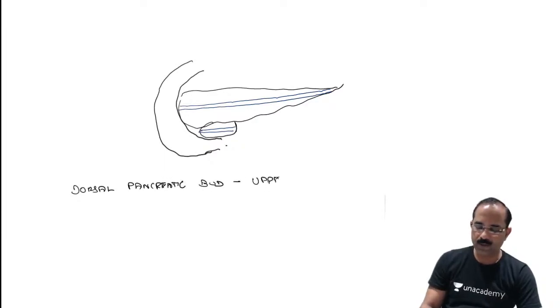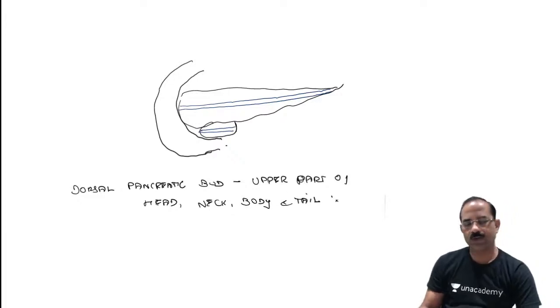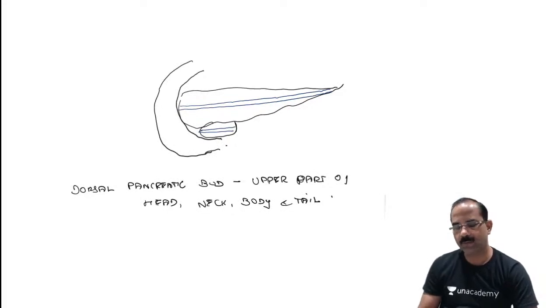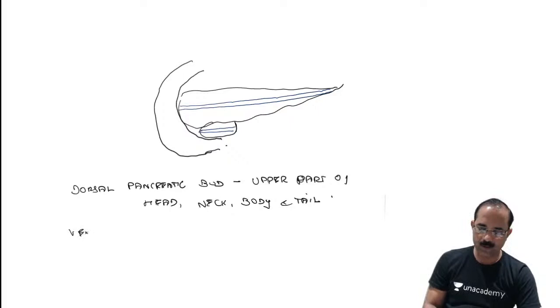Upper part of the head. This is very important. Upper part of the head, neck, body, and tail of the pancreas. So the dorsal pancreatic bud is going to form the upper part of the head, neck, body, and tail of the pancreas.